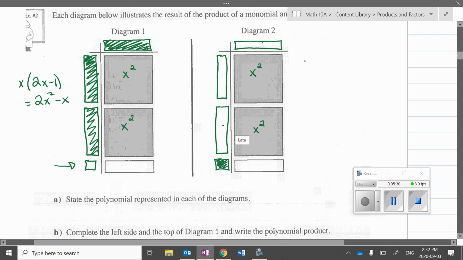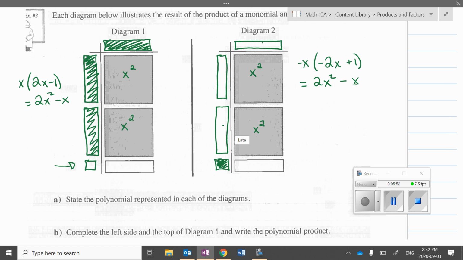So this statement is now a negative x times negative 2x plus 1, which is still going to equal 2x squared positive minus x. Does that make sense? So it's just two ways to represent it. That's all. We've answered all the questions below right there for you. So we'll just leave those blank.